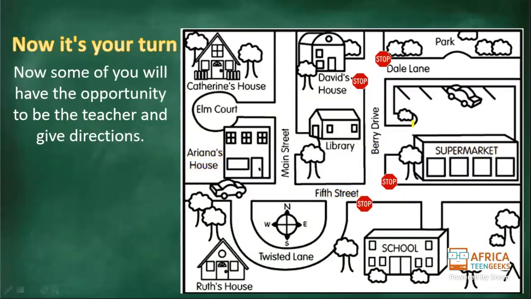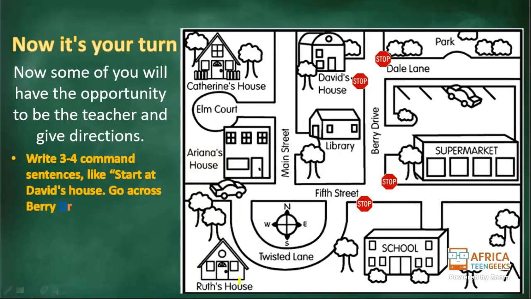Now it's your turn. Maybe we don't have a lot of time, so maybe just one of you will have the opportunity to be the teacher and give directions. Think of a little paragraph, just 3 or 4 command sentences.